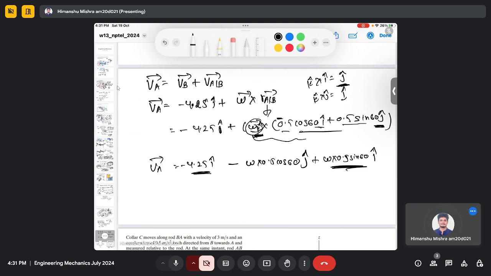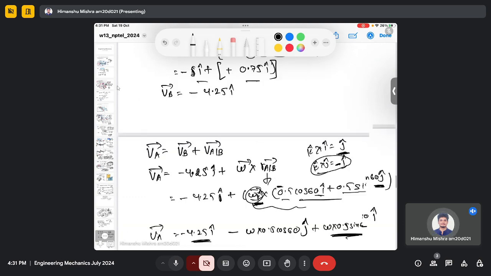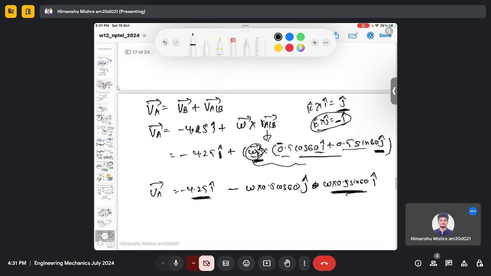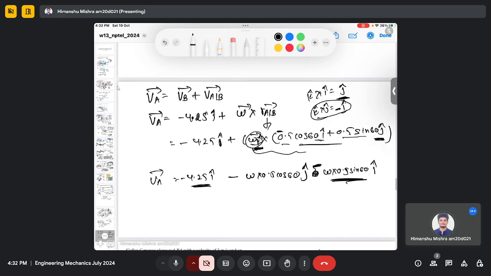The last one will be negative, this omega into 0.5 sin 60, due to k cross j.